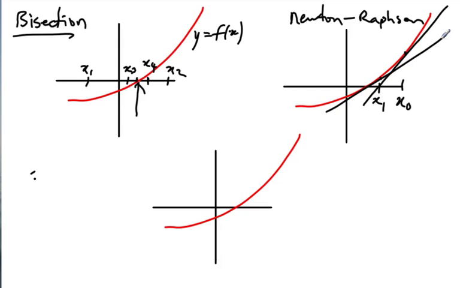Now the last one that I'm going to show you is the secant method, and this has been dropped about 10 years ago. But the secant method started off like the bisection method. It said, let's start with 2 points, x1 and x2, that surround the answer. And this is how we're going to get our next point.